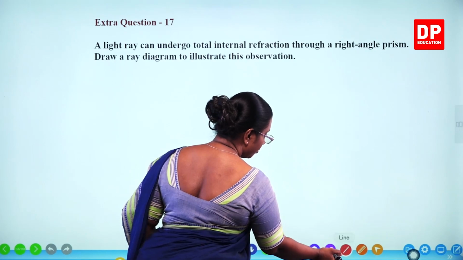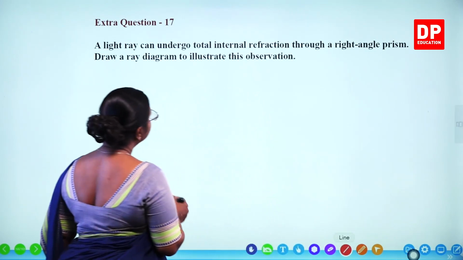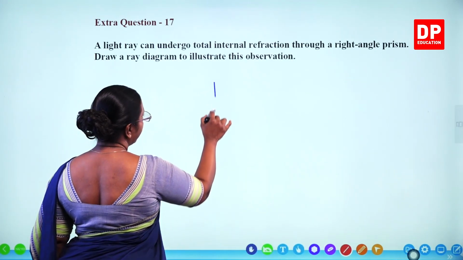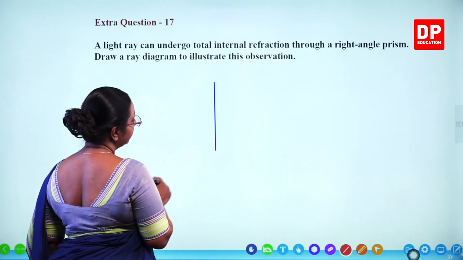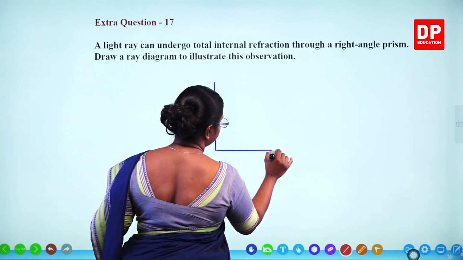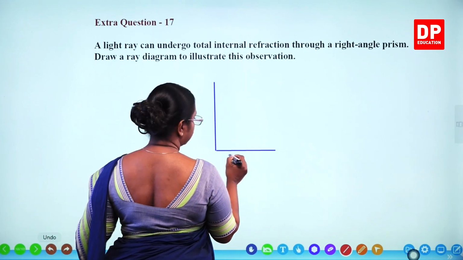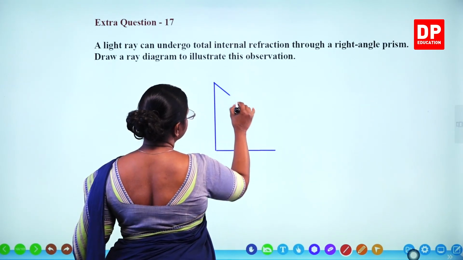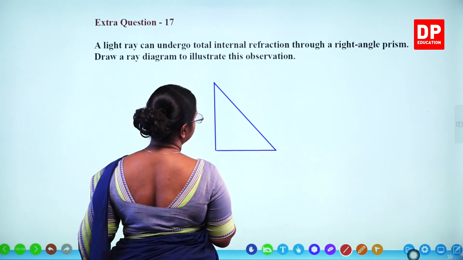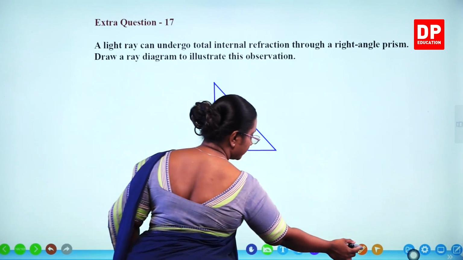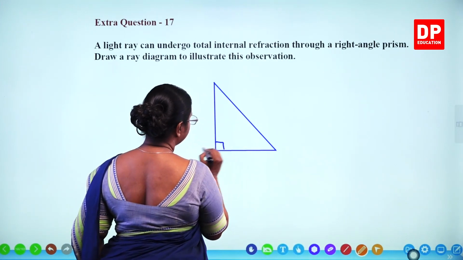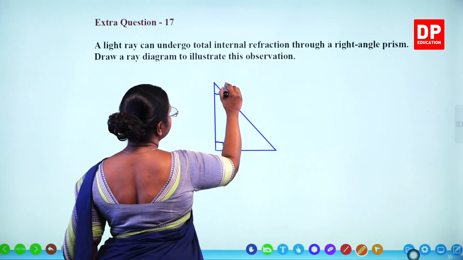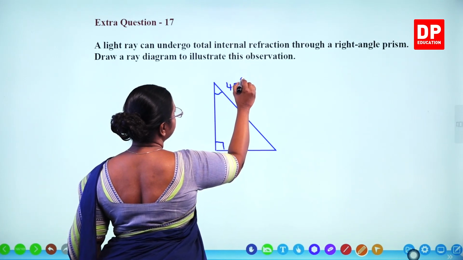So to show that light rays undergo total internal reflection, we have another, and here we have this. So this is the right angle. What are these angles? 45 degrees.